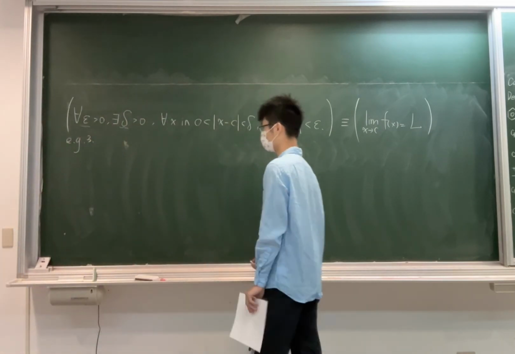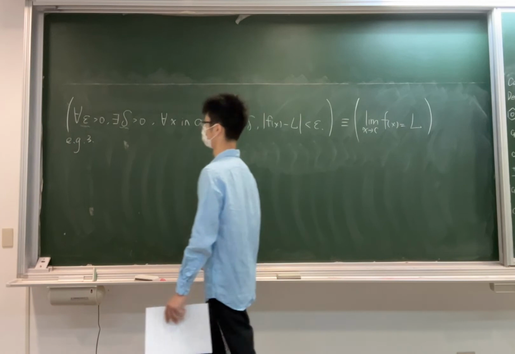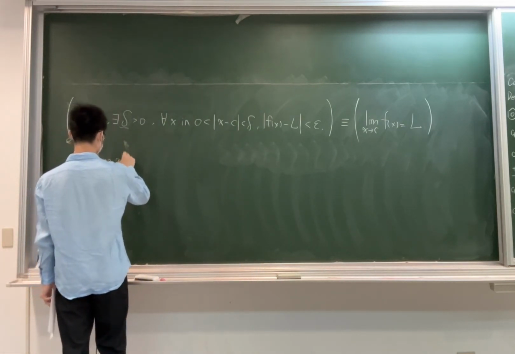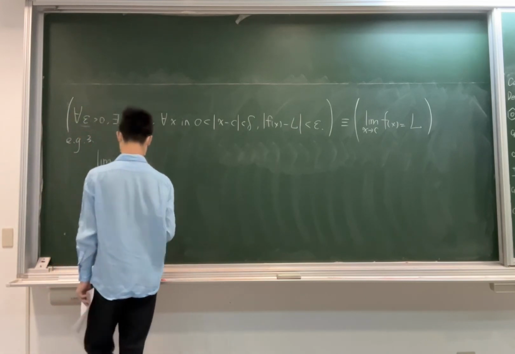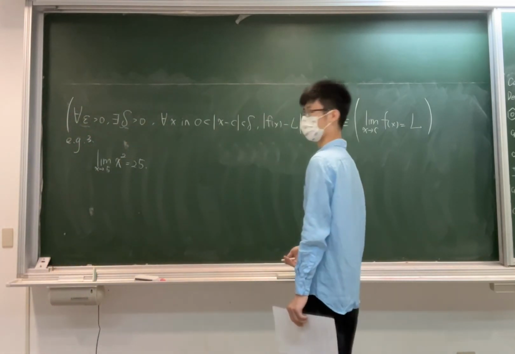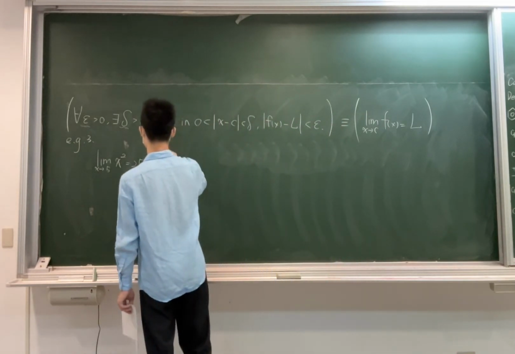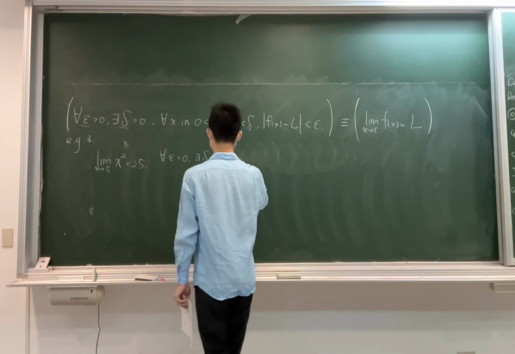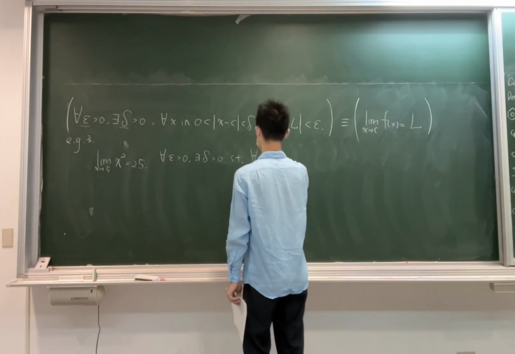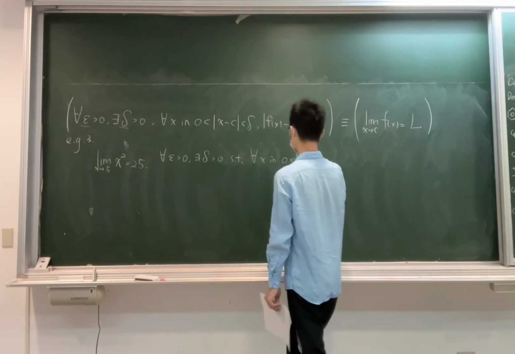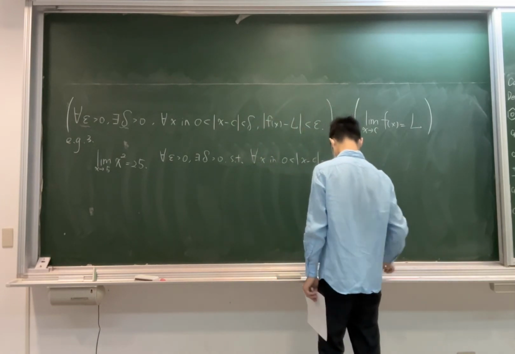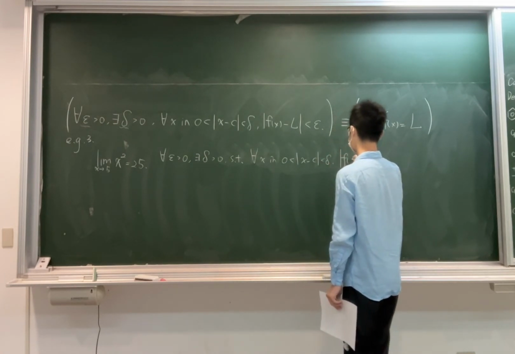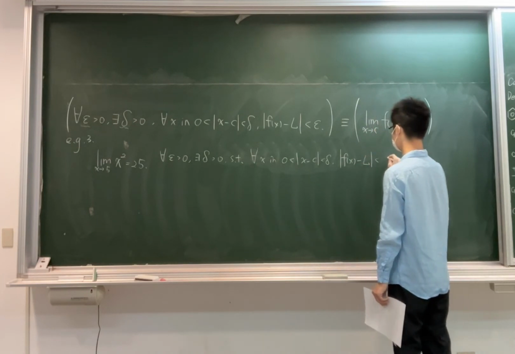Let's look at another, more difficult one. We have the limit as x goes to 5 of x squared is 25. We have to show that for all epsilon greater than 0, there exists a delta such that for x in this inequality, it satisfies this inequality as well.